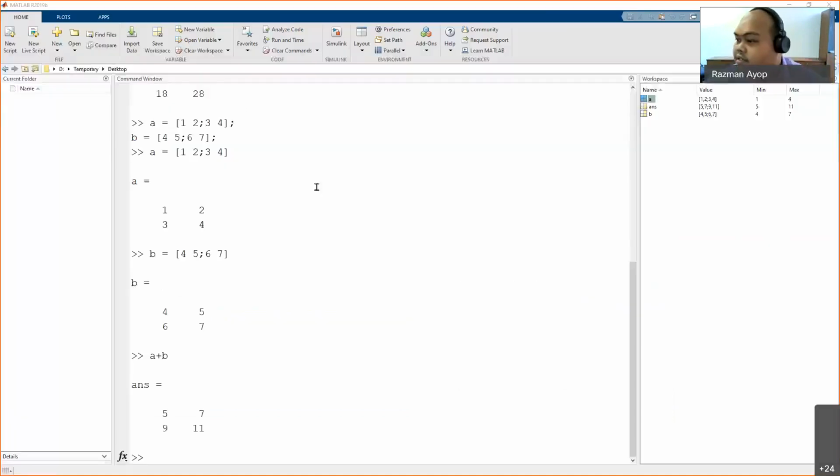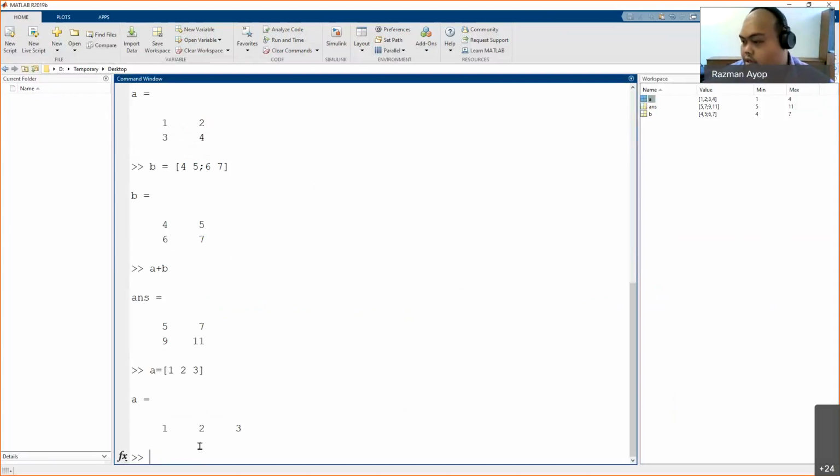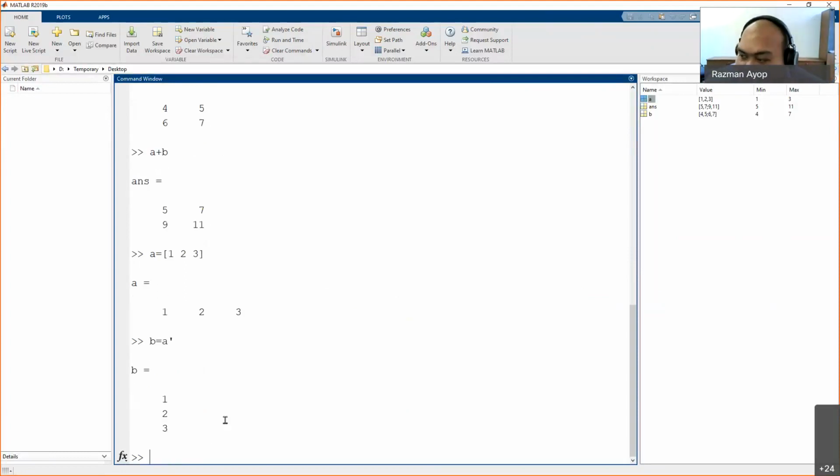Let me show you here. A equals to 1, 2, 3. You get something like this. Then B equals to A transpose, so instead of a horizontal line, it becomes a vertical line.